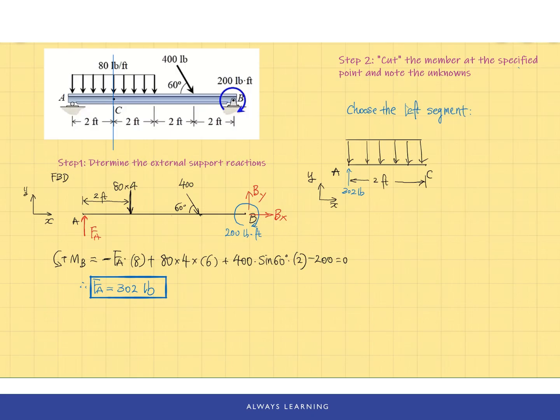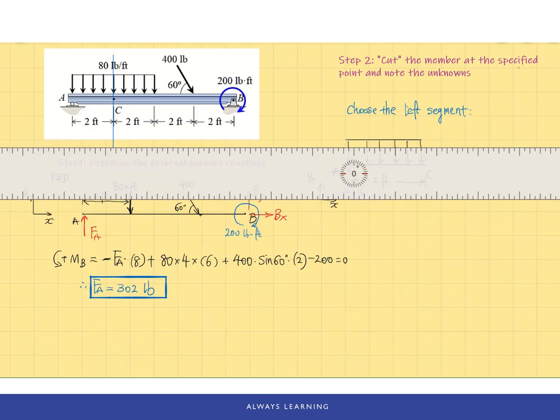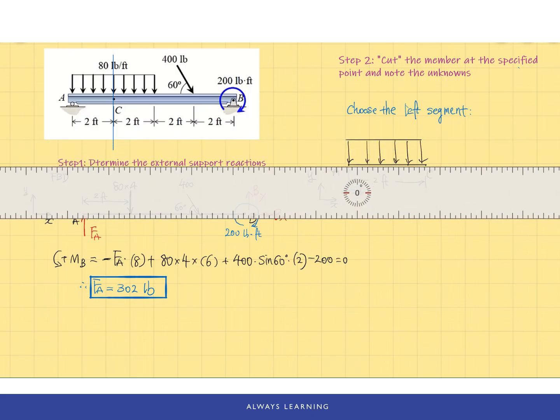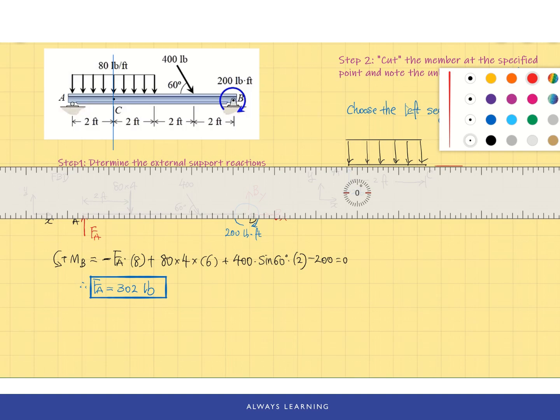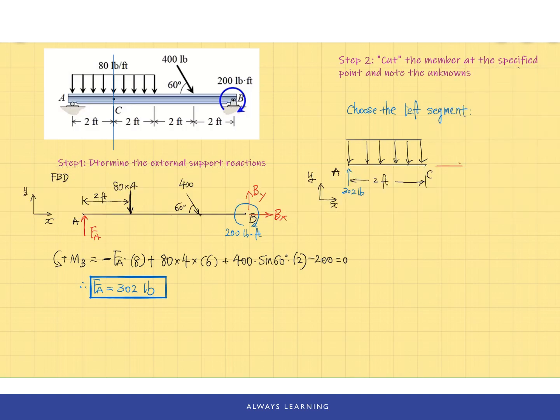Now we are going to show the internal forces, but they become external, right? Based on the sign convention, there is a normal force, which is perpendicular to the cross-sectional area, and we assume it is a positive normal force, which means tensile.